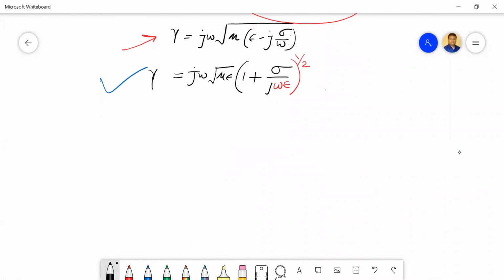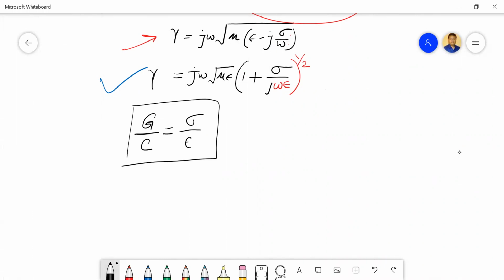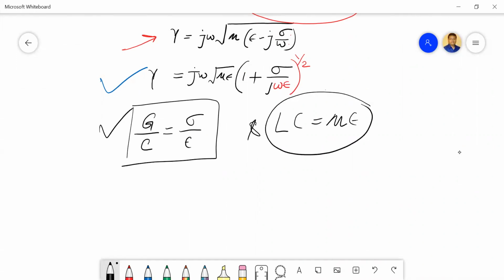These are G by C is equal to sigma over epsilon, and another is LC is equal to mu epsilon. We have already seen this in our previous classes.